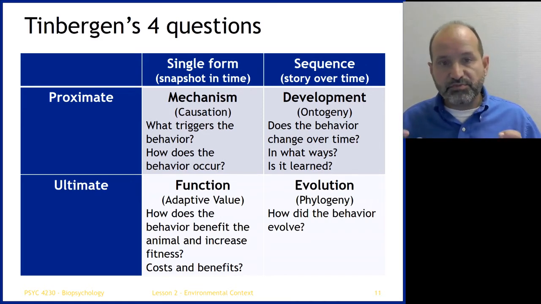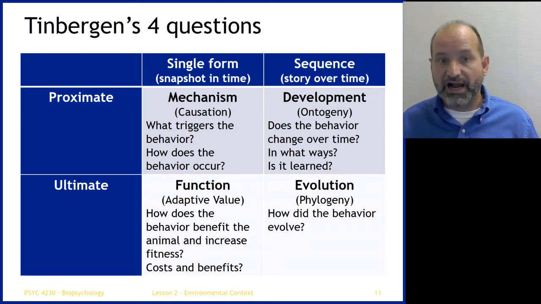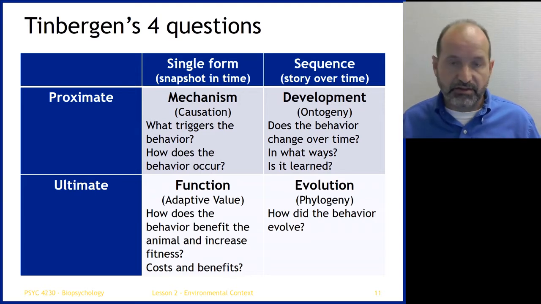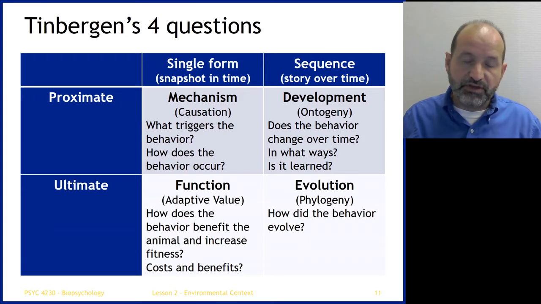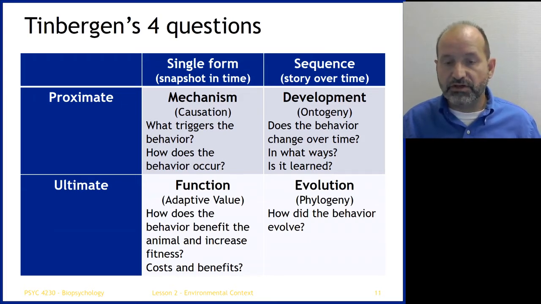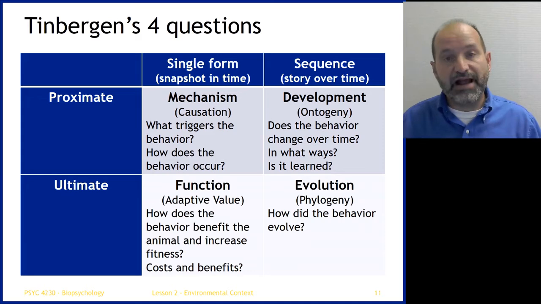In addition to these proximate questions about the how, we can also ask questions about the why. These are the ultimate causes. And this again can be a snapshot in time, looking at a given individual or a given group of individuals who engage in a type of behavior. We can ask, what is the function? What is the adaptive value of this behavior?